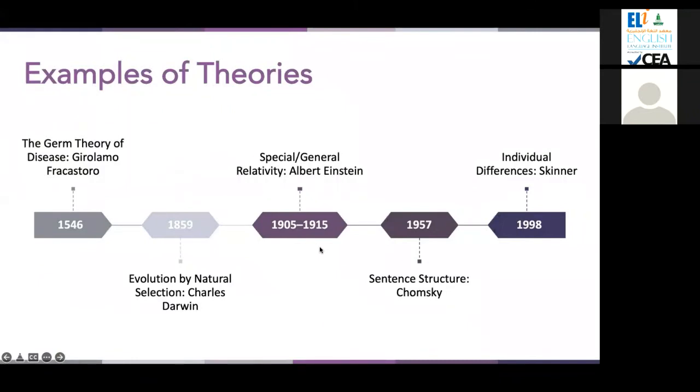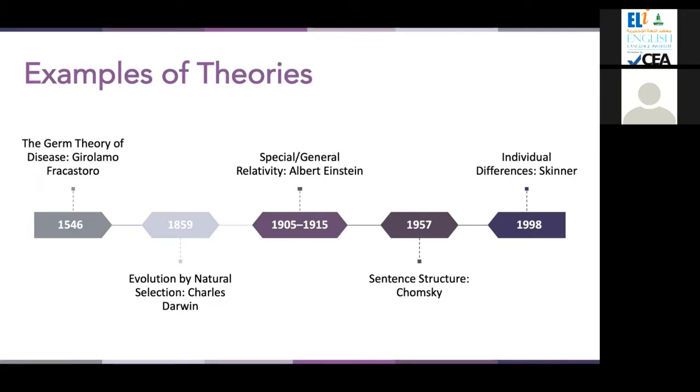Now, across disciplines, and mashallah, here we have 40 participants today, and I'm sure that you come from different disciplines, but these are some examples of famous theories across disciplines. So we have the germ theory of disease, we have individual differences by Skinner. This is in the field of psychology, for example. Under that theory, the observation was that learners have different abilities in their reading comprehension.